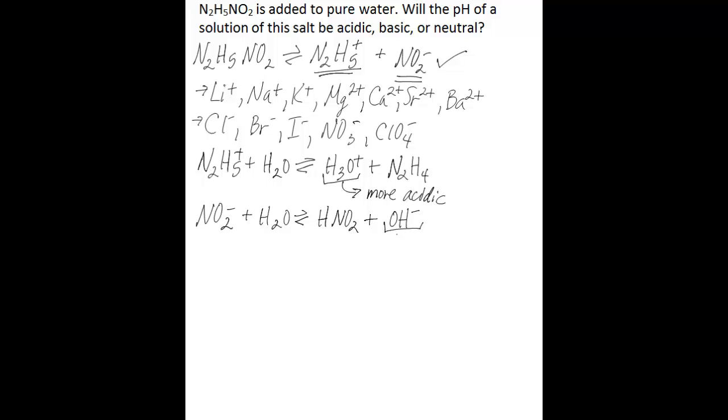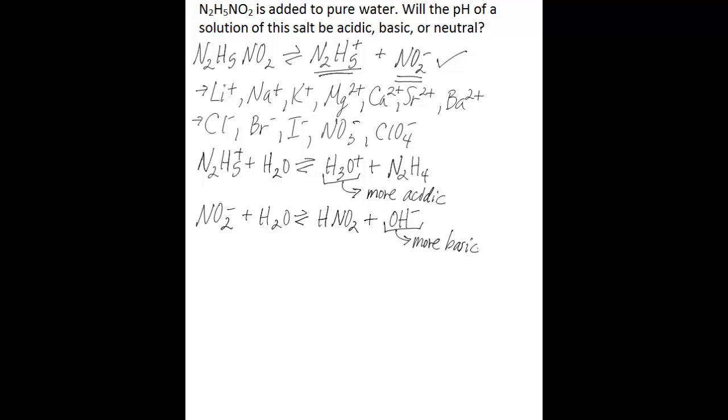So this hydroxide ion that's added to solution when this salt is added will make the solution more basic. So based on this information, there's still no clear-cut answer to whether the pH of a solution of this salt will be acidic, basic, or neutral.